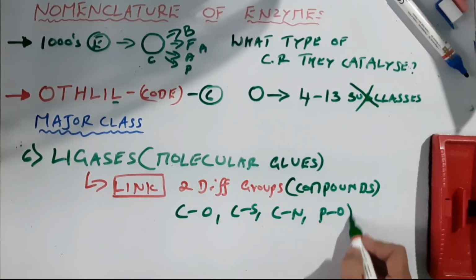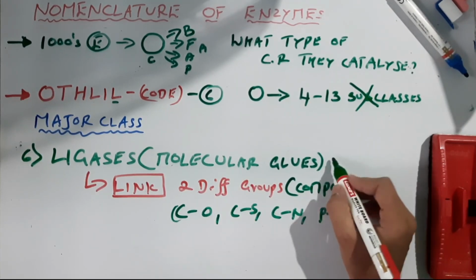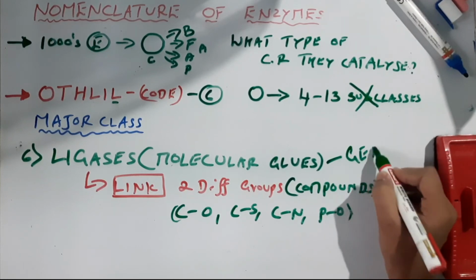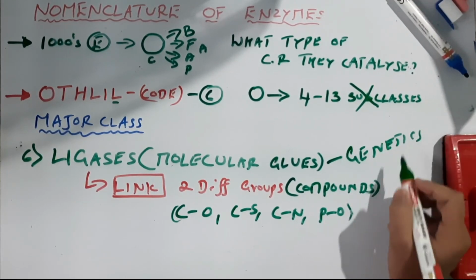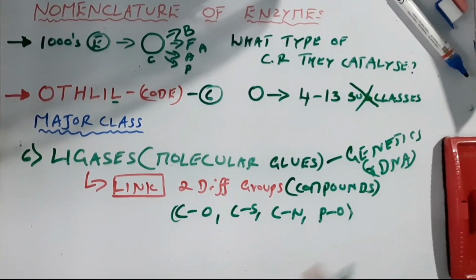So this is actually the main function of the ligase enzyme. Got it? So they are going to link two different types of compounds or groups in a chemical reaction. They are also called molecular glues, and they are really helpful in genetics, particularly in recombinant DNA technology. In biotechnology, we're going to study about it.